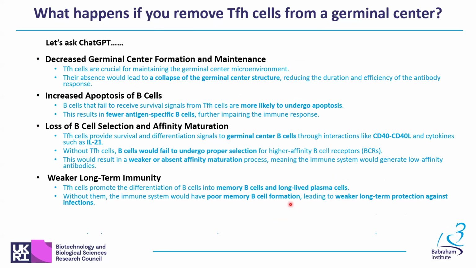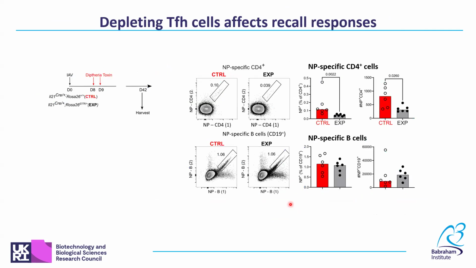And finally, we wanted to look at the long-term immunity. What happens to memory responses? So here, I'm just going to show work that we've done in flu, because here we could mark the antigen-specific cells in the CD4 population by using tetramers.